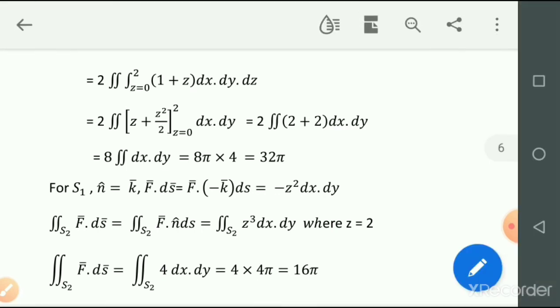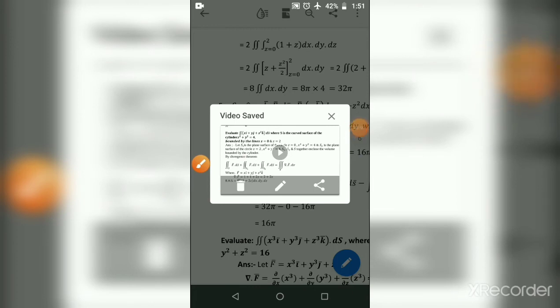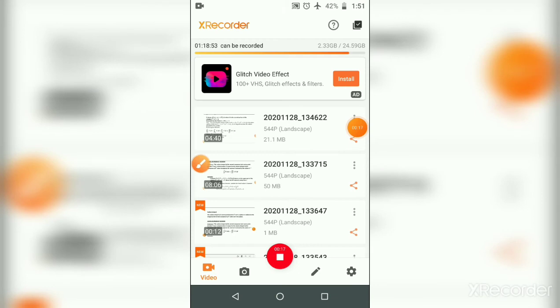For S1, 32π is now the RHS. Now for the LHS, for S1, n cap is equal to minus k bar, so F bar dot ds bar is equal to F bar dot minus k bar dot ds.